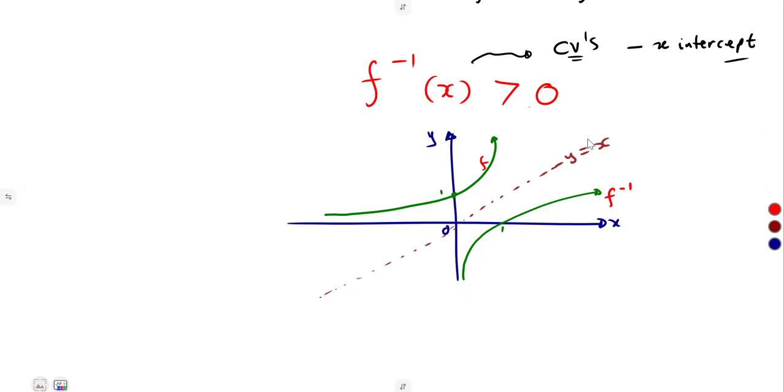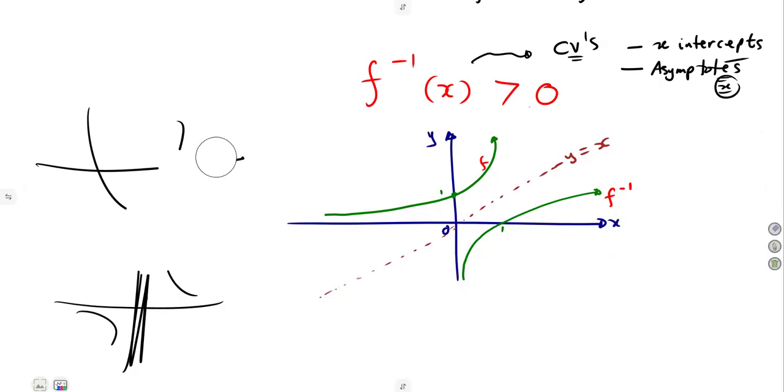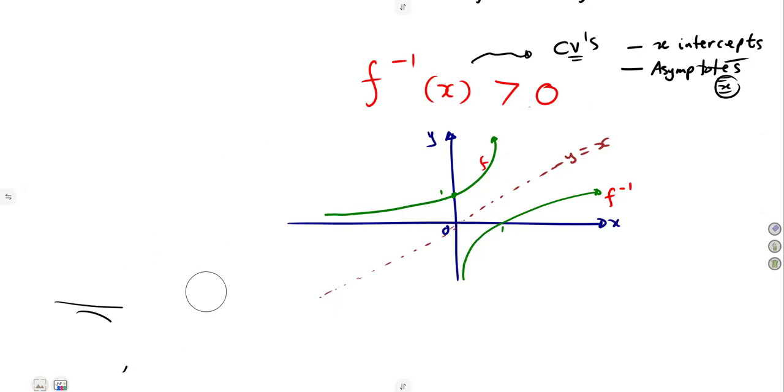So we must consider the x-intercepts when it is a quadratic function. For a logarithmic, it's just going to be an x-intercept. But remember, for a logarithmic, or when you consider a hyperbola, there are also asymptotes to be taken into consideration. So x-intercepts and also the asymptote for the x value will be our critical values.